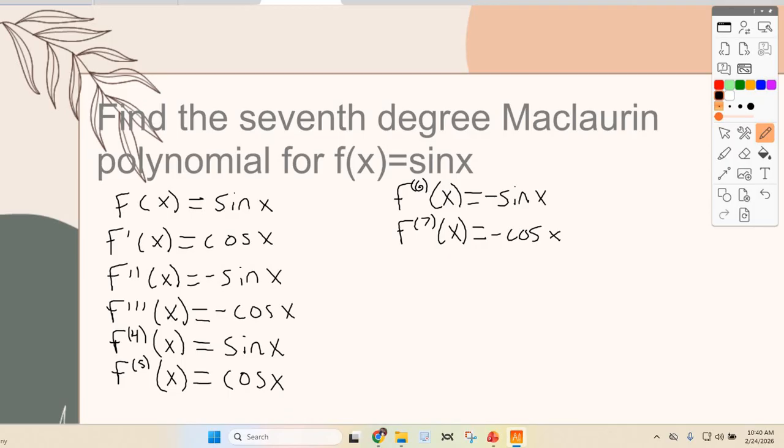So if I wanted to find then f of 0, what do I get there? 0. Okay, f prime of 0 is 1, f double prime of 0 is 0. F triple prime of 0 is -1.